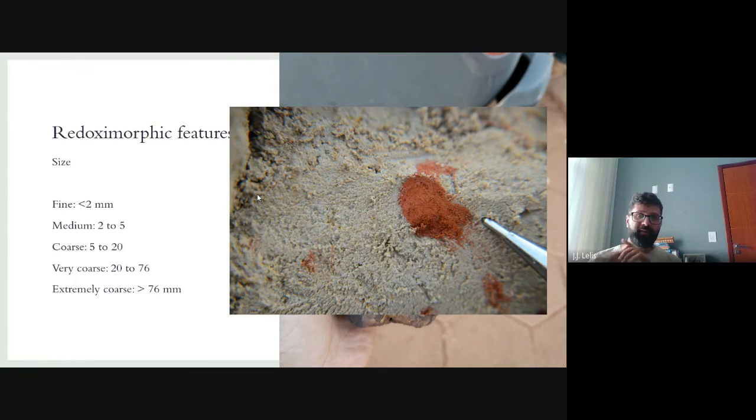It helps us a lot to understand: if I see in the same soil profile different sizes, I could relate them to different ages, and I could understand how the oldest could be related to the coarser reducimorph features or these thinner reducimorph features, and how this could be related to climate change, to drier conditions or wetter conditions, and how, with climate change, we can see different sizes of these materials.